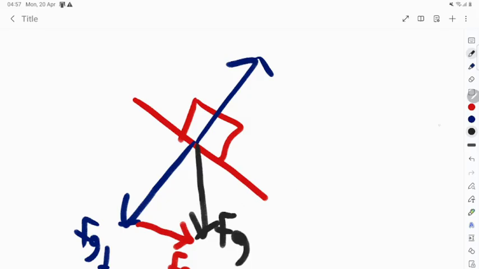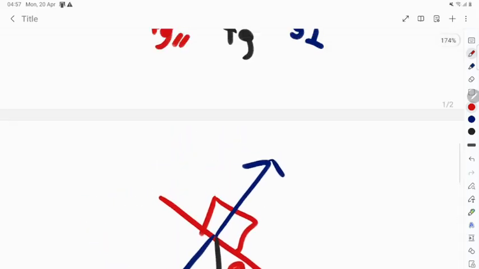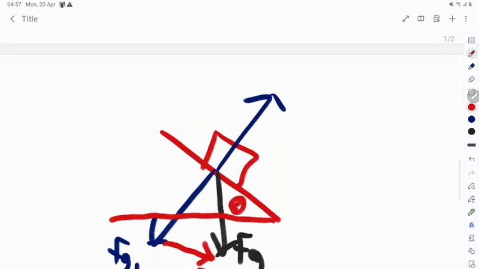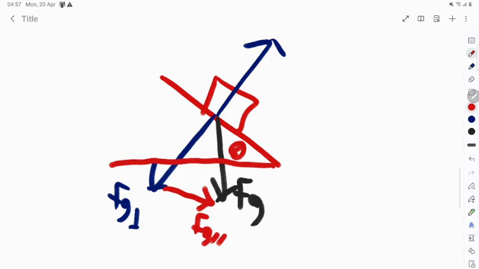Now I want you to notice something. Regardless of the incline, whether it's in this direction or in this direction, my Fg parallel is always going down. So that is what you should know about the direction of your Fg parallel: it is always going down the incline.